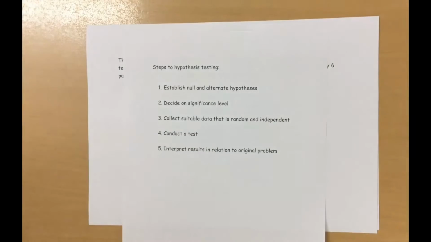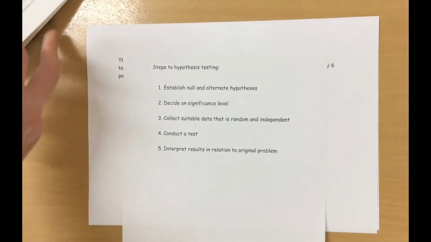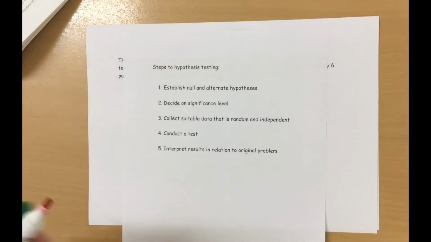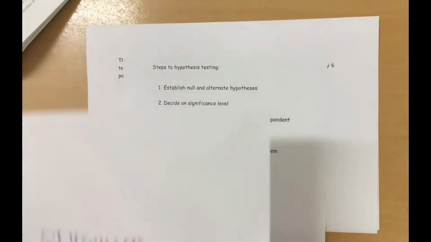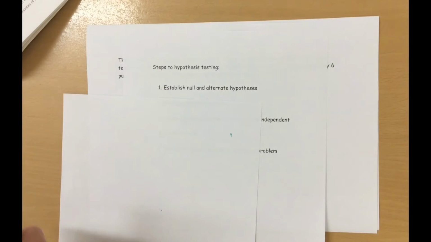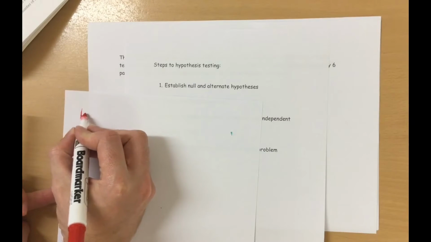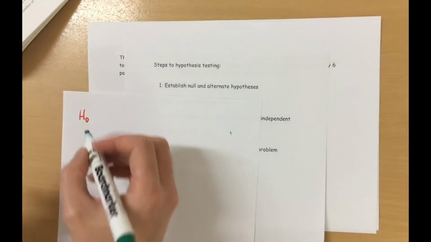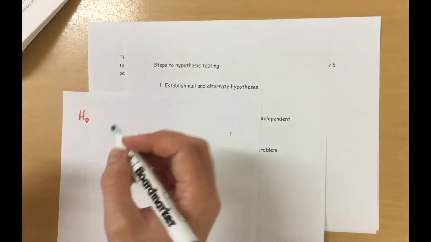So let's talk about what makes a null and alternate hypothesis. So a null hypothesis, I have a shorthand for this, which is H with a little 0. This is what we assume starting off is correct.